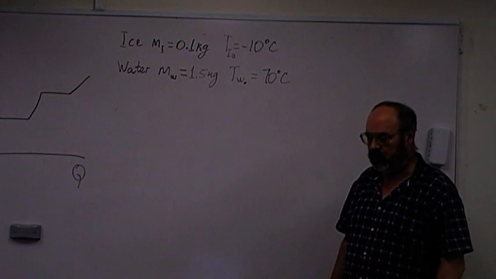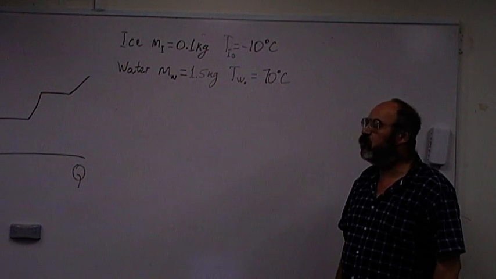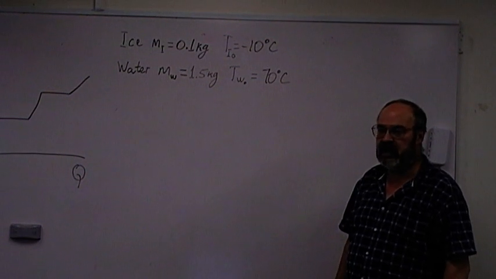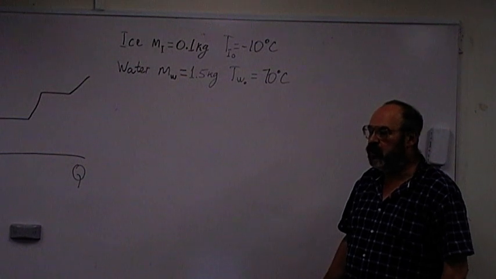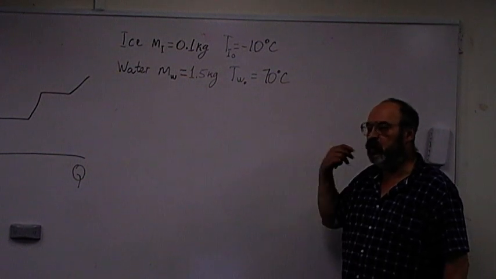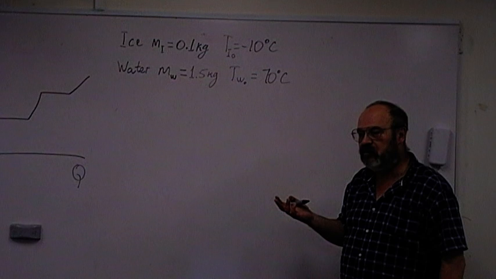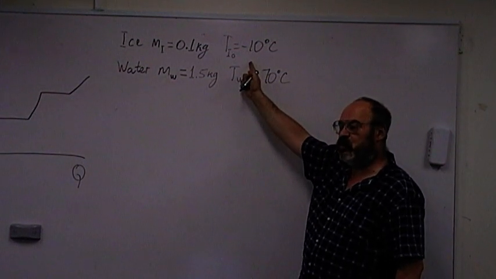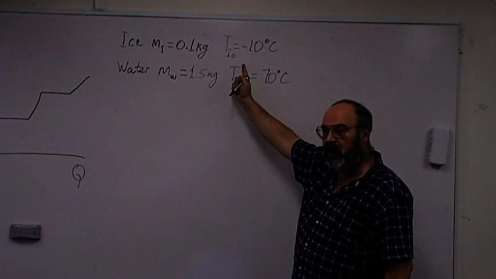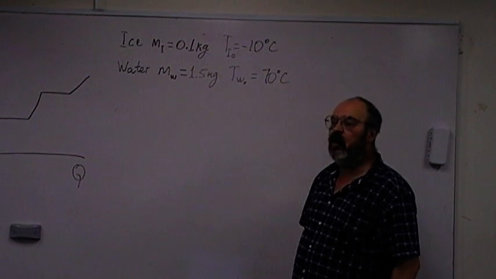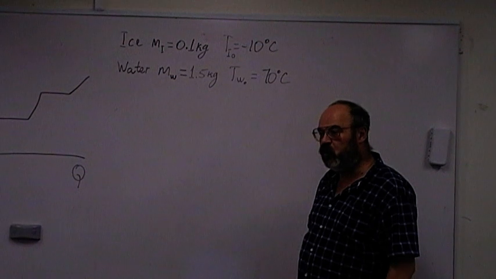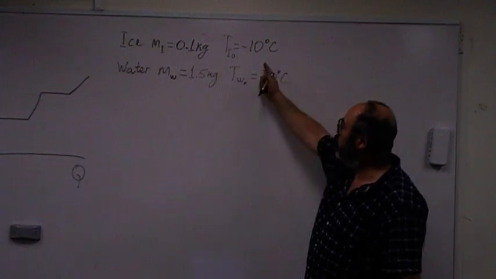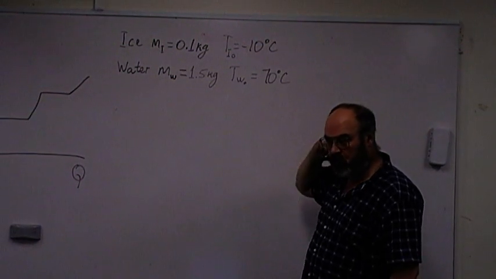Question is, what will be the final temperature after the ice melts and the temperature becomes the same across the whole volume? So let's see what heat transfers happen here. First, what will happen with ice? It is at negative 10 degrees Celsius. Will it melt at negative 10? No. So ice needs to heat up from negative 10 to 0 degrees.